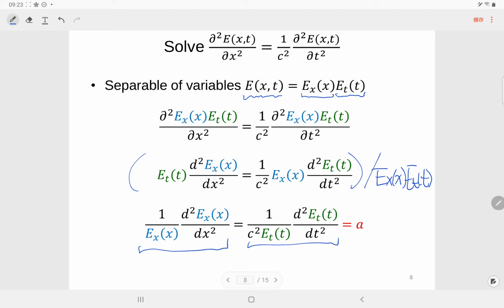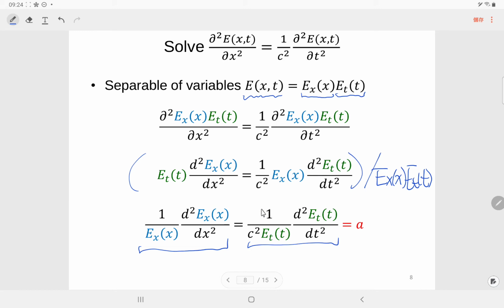Note that the left side is only a function of x. And on the right side, just pretend you don't see this one, the right side is only a function of time. It is not a function of x. And the left side is not a function of t.